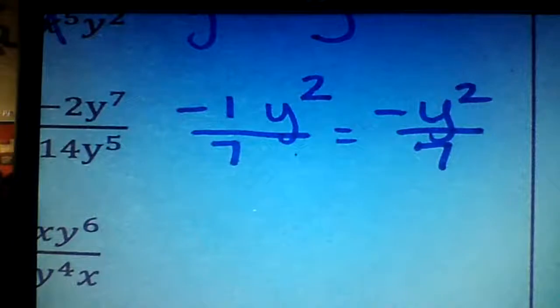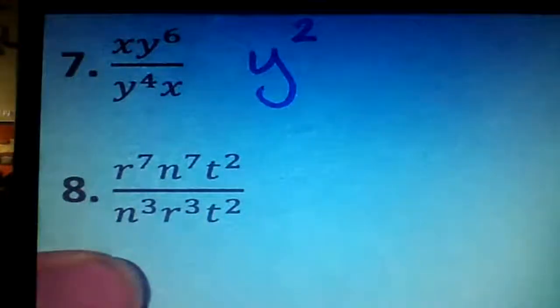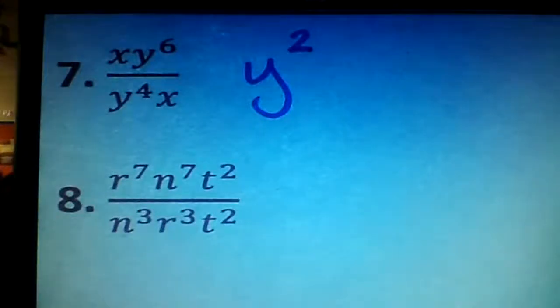Okay, number 7, y over 2, or y to the 2nd. That's what you meant. I knew what you meant, and I said what you said. Okay, Xavier says my x's cancel out. They reduce down to 1, and anything times 1 is itself.